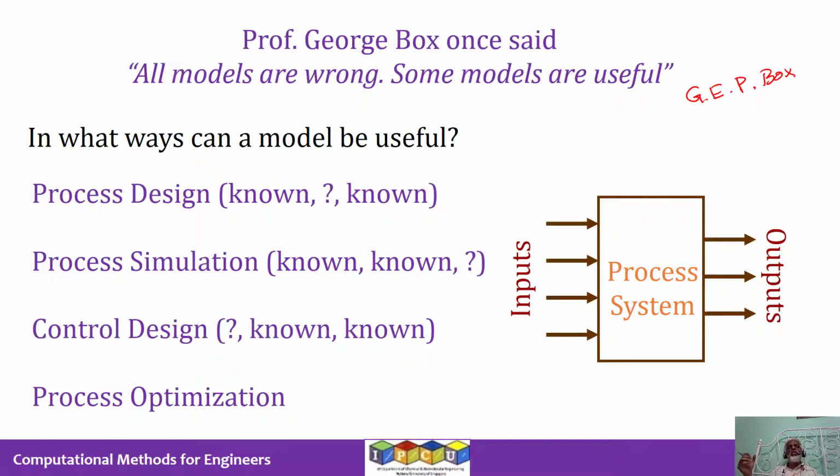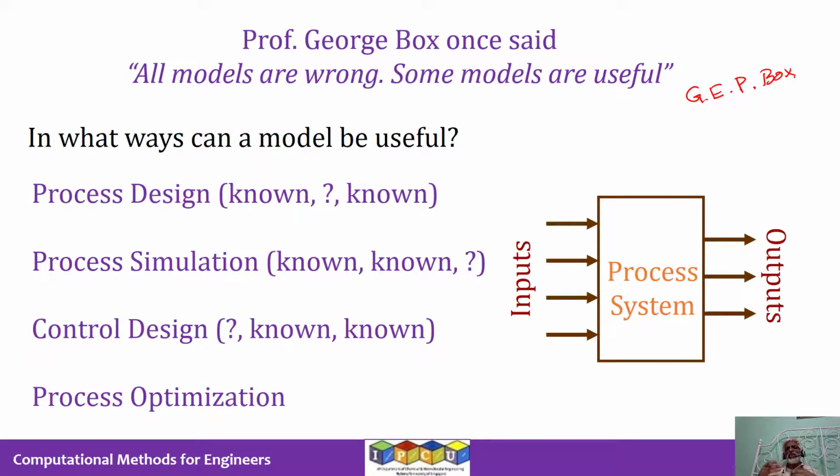So in that sense, all models are wrong. But then it doesn't mean those models are not useful, right? So you could still have good approximations, and the approximate model could serve a very important purpose, as is happening in petroleum refineries, chemical processing units, mining industry, pulp and paper industry, biological industry, etc. Models are put to very good use in these fields, and the model keeps improving over time as we gain more and more understanding of things.